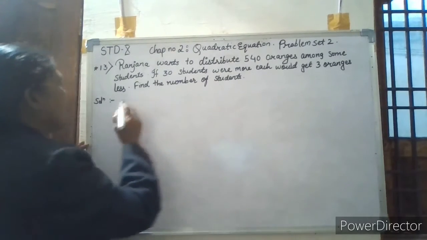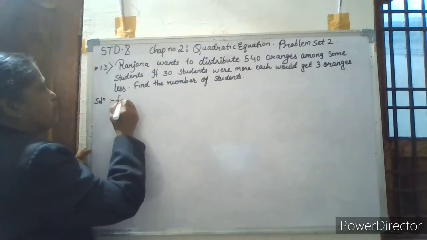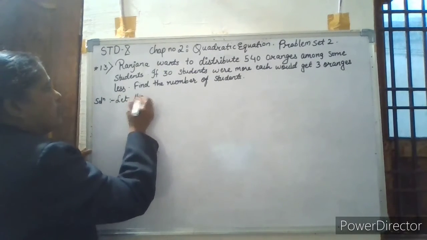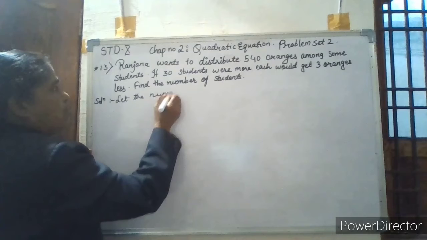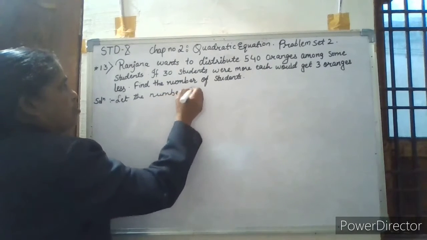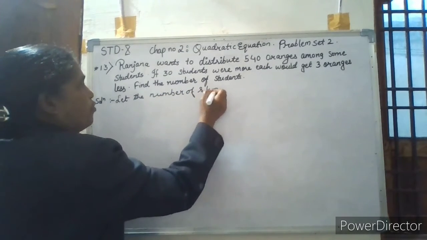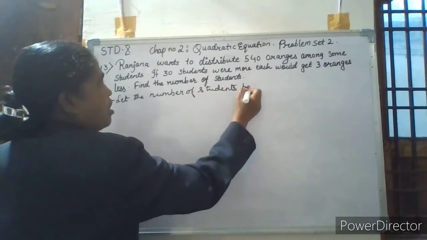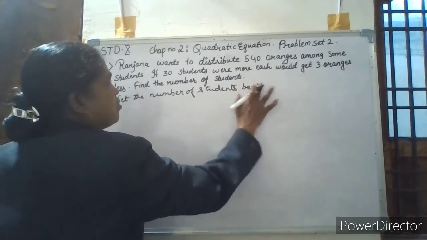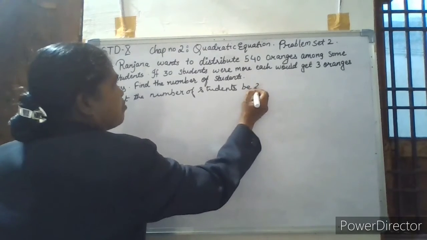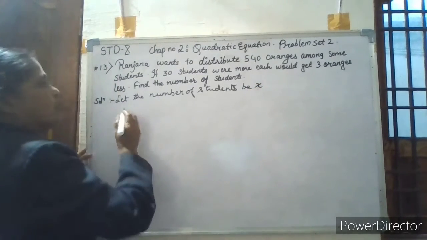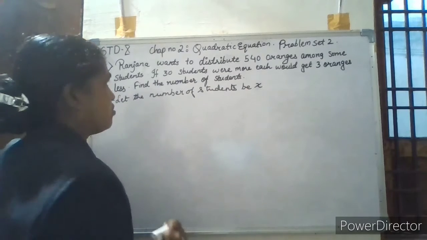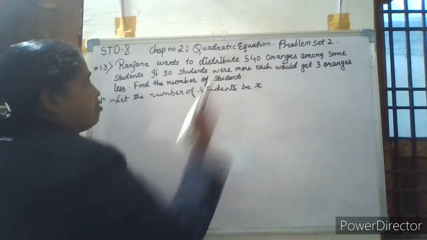Let the number of students be x. Total oranges is 540.